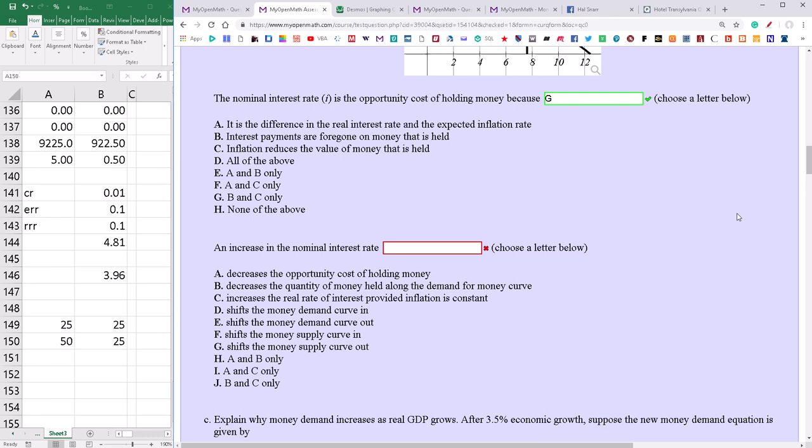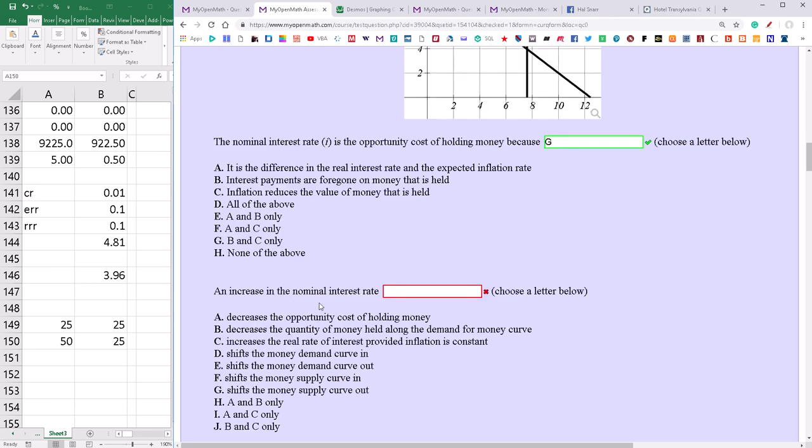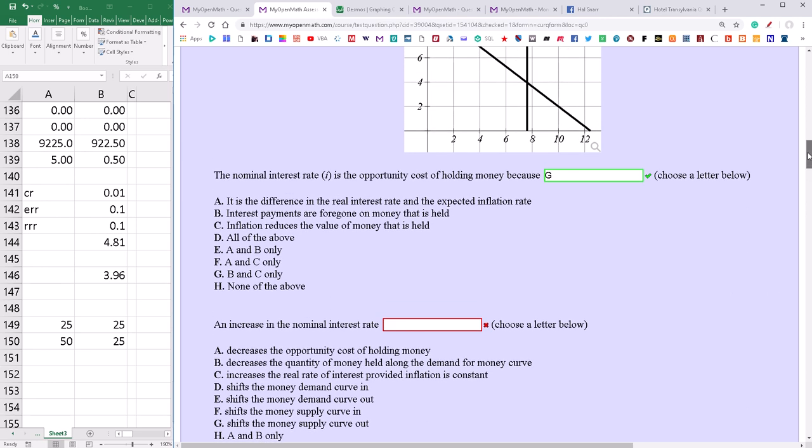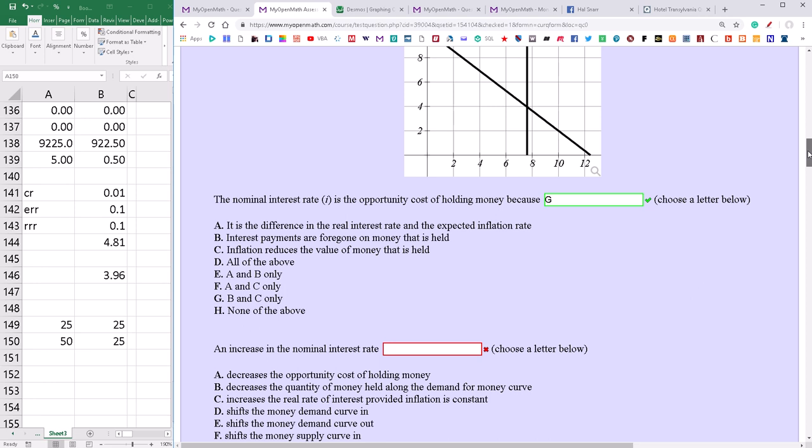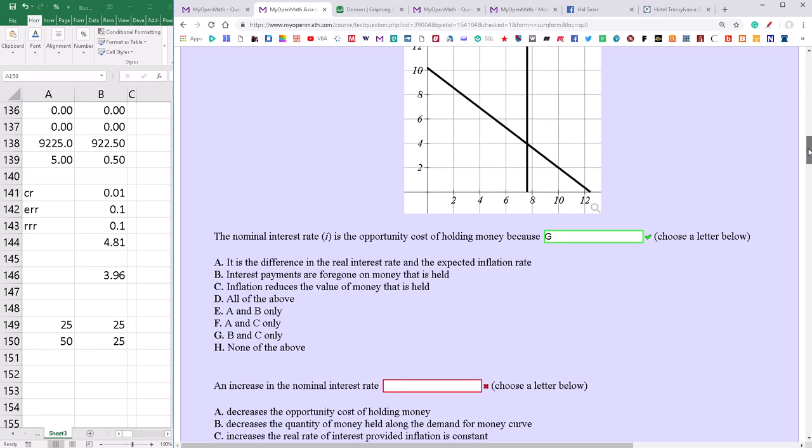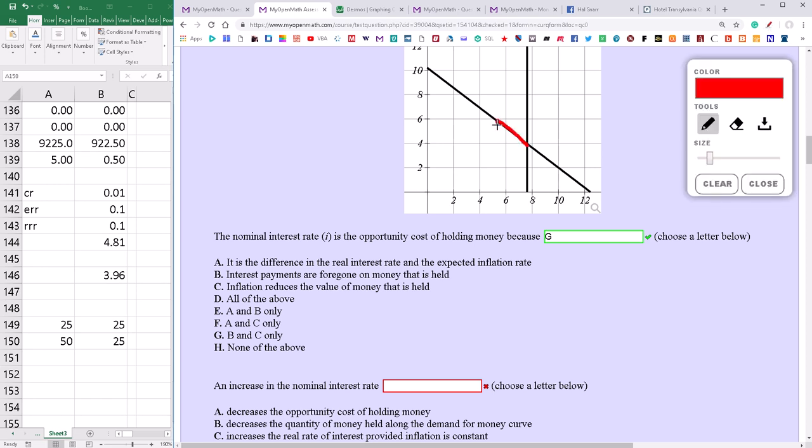Okay. An increase in the nominal interest rate, right? What does that do? Well, if the interest rate increases, let's go to our diagram here. If the nominal rate of interest increases, then we're moving up the demand curve, aren't we? And if we move up a demand curve, what's happening to the quantity of money?